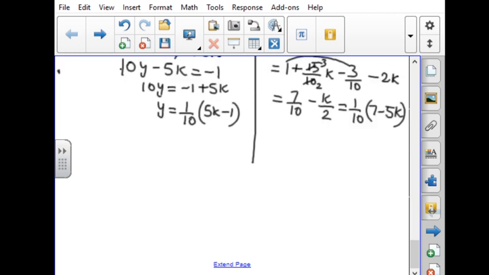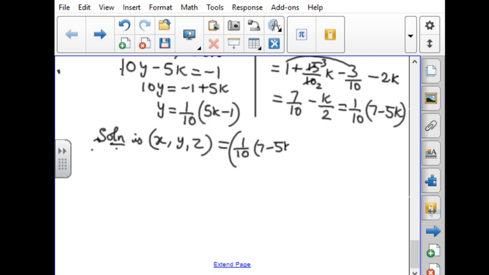So now we can write the solution set. The solution is (x, y, z) is equal to (1 by 10 (7 minus 5k), 1 by 10 (5k minus 1), k).